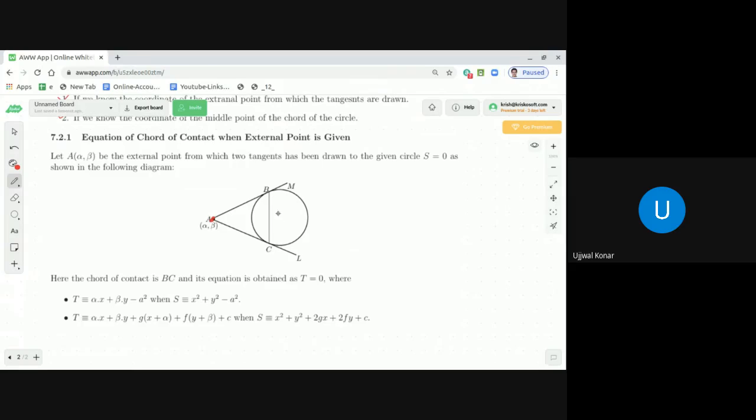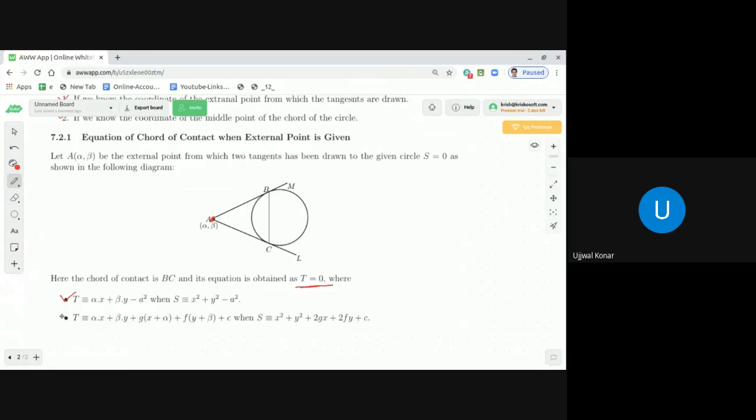From here AB and AC are the two tangents. Here the chord of contact BC has the equation T = 0, where T is alpha x plus beta y minus a square, when S is x square plus y square minus a square. That means the corresponding circle has its center at the origin and radius a. So this will be the equation of the chord of contact.